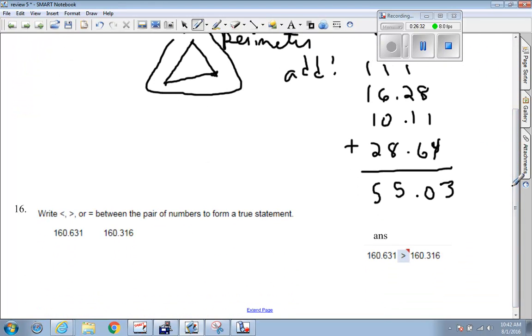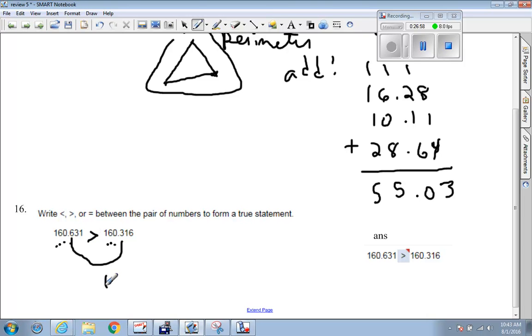Okay, and number 16, almost at home base here, guys, just a little bit more, is compare these two decimals. We'll do a digit by digit comparison. Same, same, same, same, same, same. Aha! When you get to the 10th spot, they differ. Well, hey, 6 is bigger than 3, so guess what?